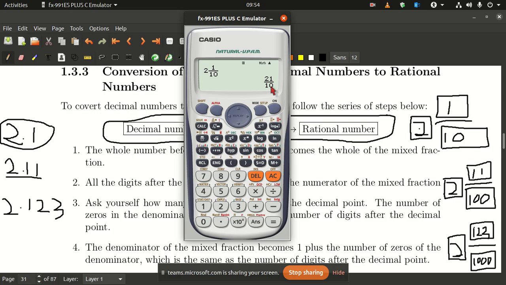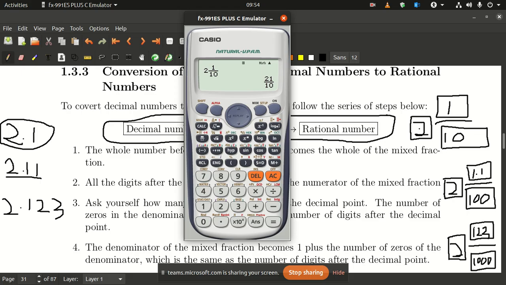It's not hard at all. You just take this 2, multiply by 10, plus 1, and that is your numerator. You take the denominator as it is. You will see that this is so much easier. And even with this one, you say 2 times 100 is 200, plus 11 is 211.